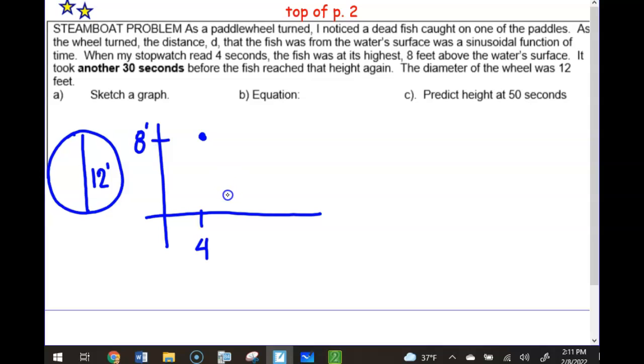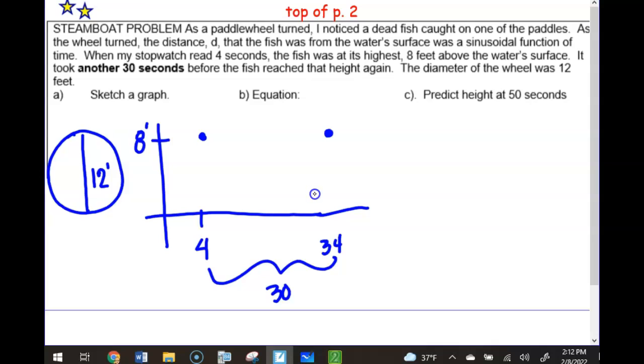Okay, takes another 30 seconds, and that fish is back at the top again. So 30 seconds later would be at 34. It's back at the top.